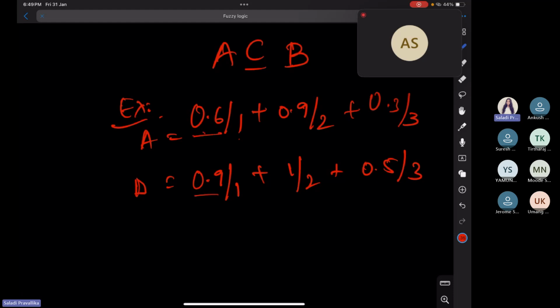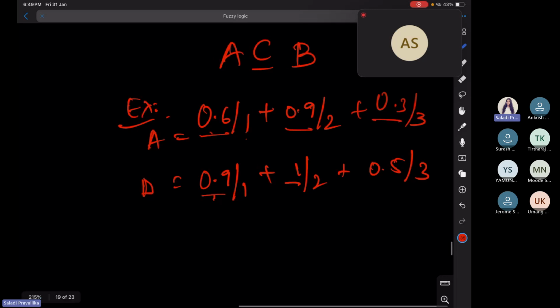That is, A is less than B. Then for x equal to 2, we have 0.9 of A and 1 of B. And for x equal to 3, the value of A is 0.3 and that of B is 0.5. So all the membership values of A are less than the membership values of B. Hence, we can say that A is a subset of or equal to B. So this is called containment or, in general terms, subset.